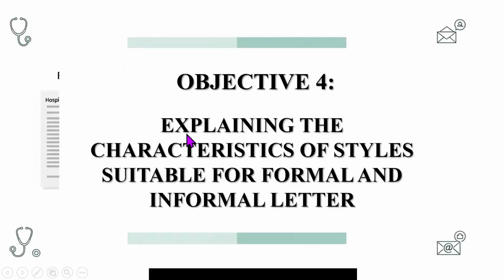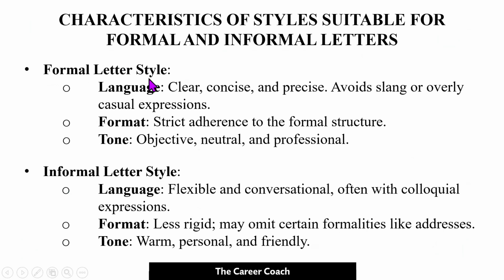Objective number 4: we want to explain the characteristics of styles suitable for formal and informal letters. With regards to format and style, formal letters take the following styles. The language is clear, concise, and precise. It avoids slang or overly casual expressions.